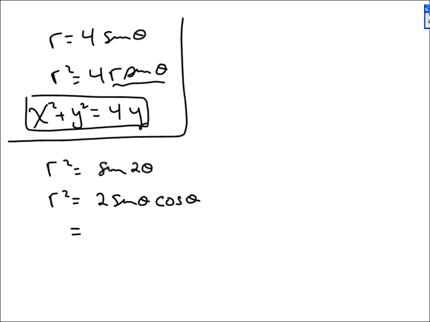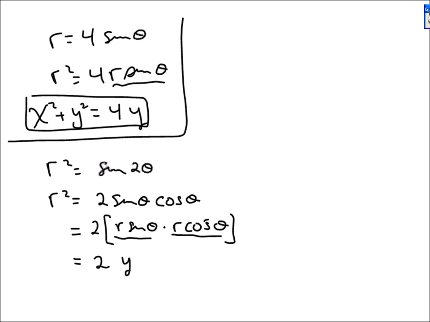Now, the 2's no big deal. Let's factor that out. But if you had an r multiplied by the sine theta and another r multiplied by the cosine of theta, that would be real friendly. Because r sine theta is y and r cosine theta is x.